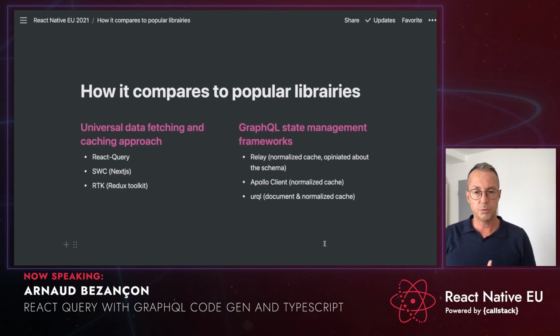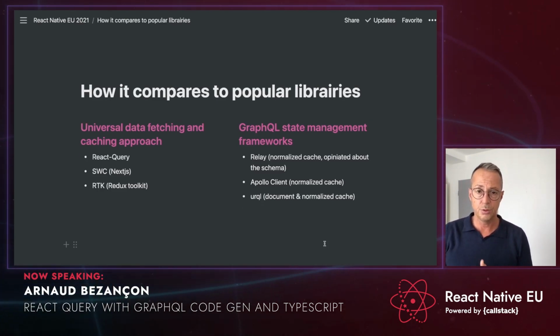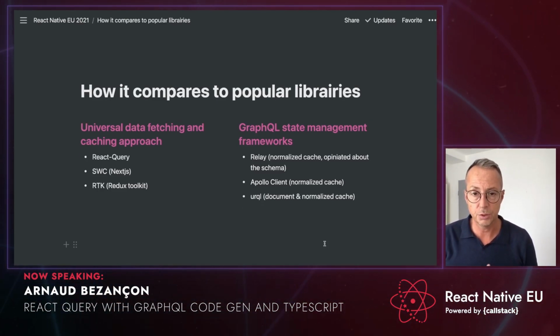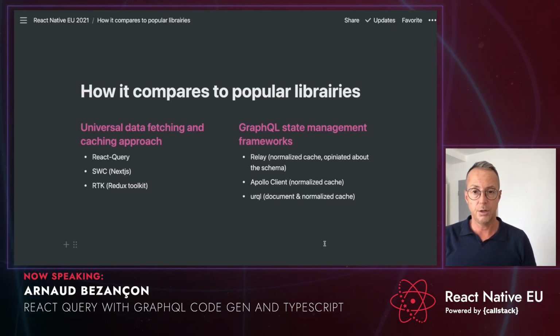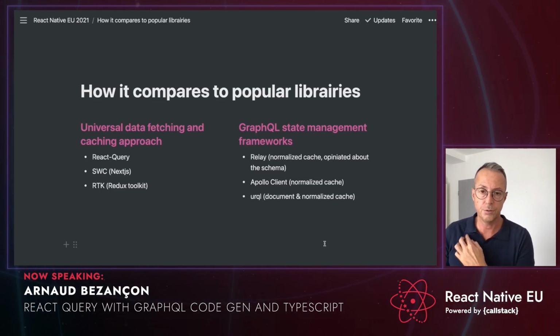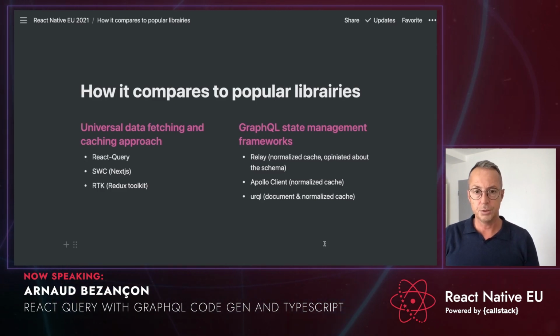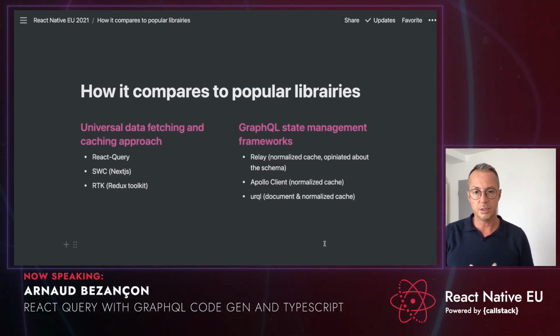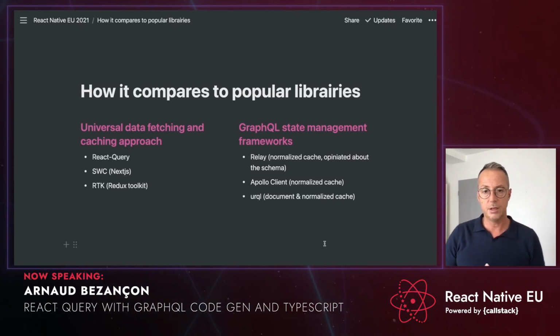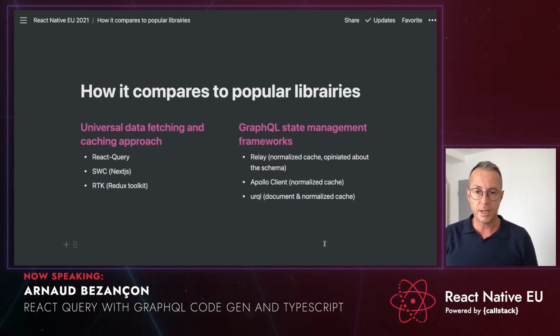Apollo Client is really nice. I used a lot of Apollo Client on other projects and even in the first version of our React Native app. It's very nice. Again, if you like the framework approach and have very good features that rely on your GraphQL schema, it's nice. It also relies on a normalized cache.